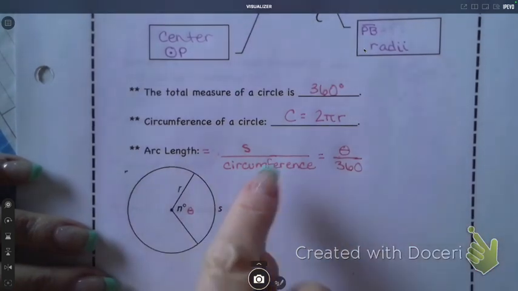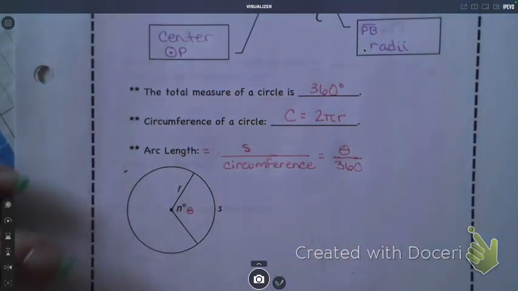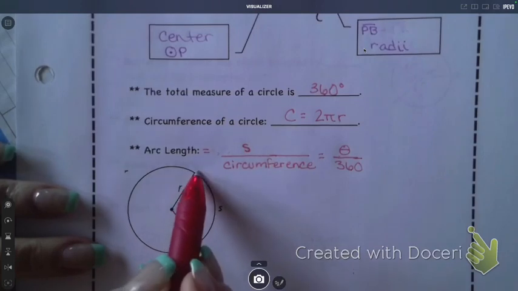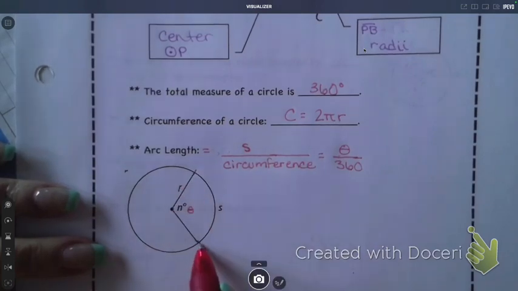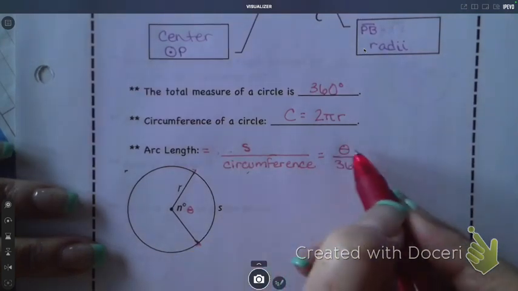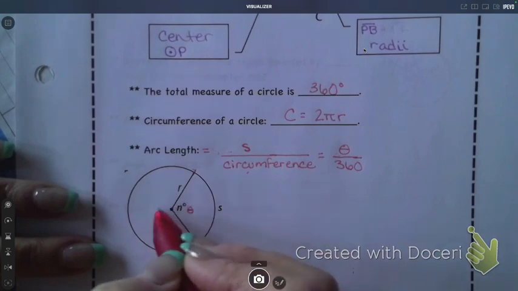Those two fractions should be equal, shouldn't they? Think about our ratios and our similar things. So this length from here to here, S to the circumference, should be the same ratio as theta to the whole 360.